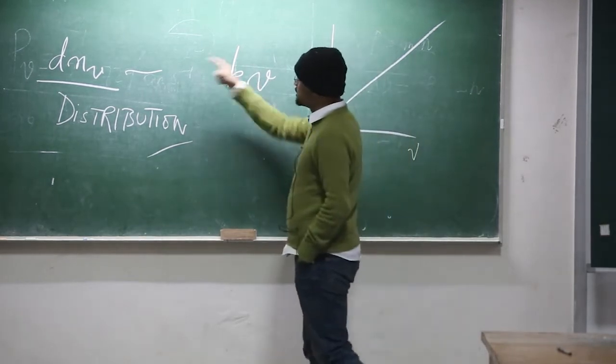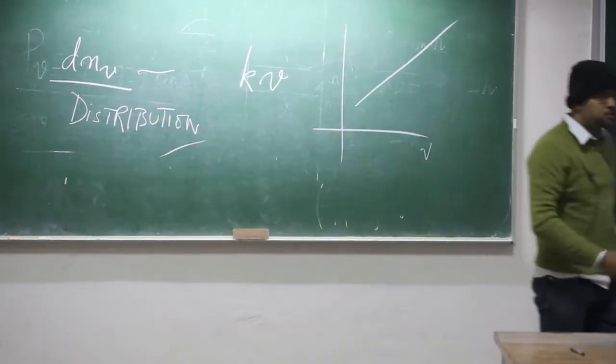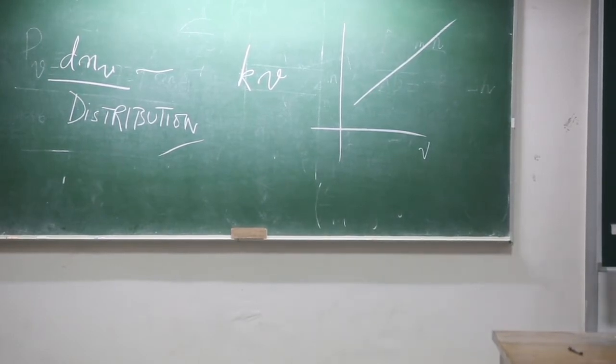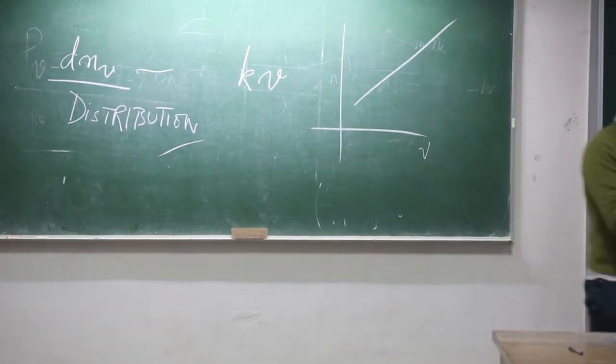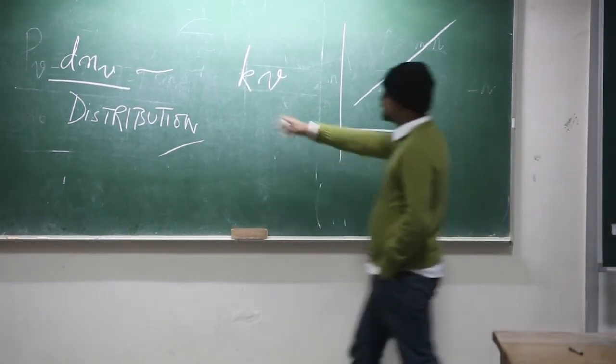So this distribution should be something which should have a minimum and a maximum. The minimum, of course, should be at the point where velocities are very low, near zero. Do you think this should have a maximum?